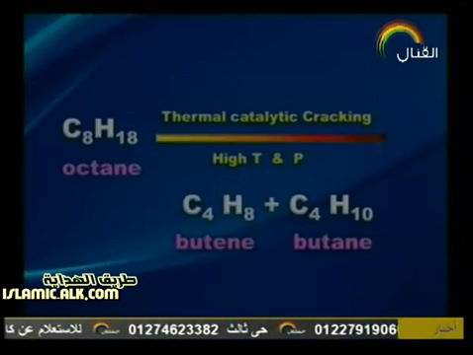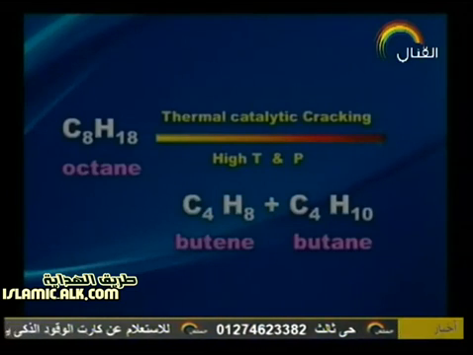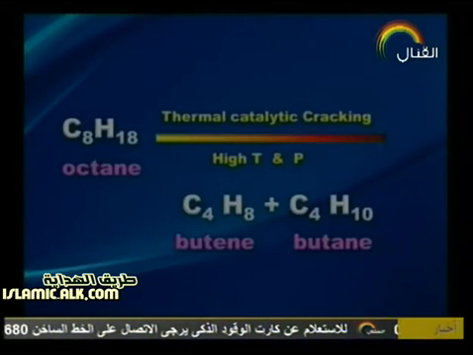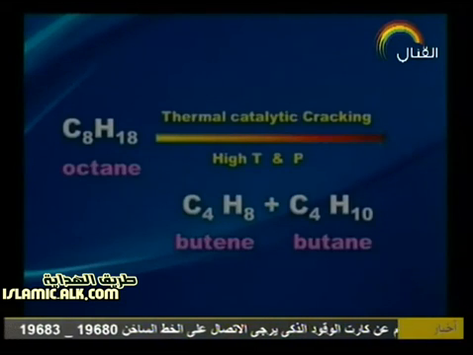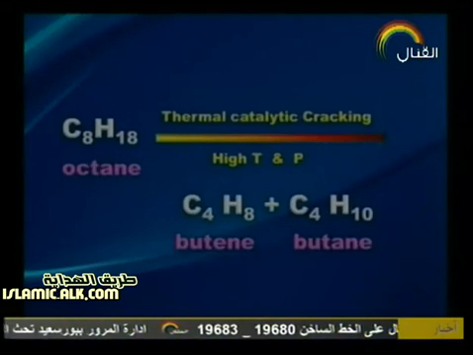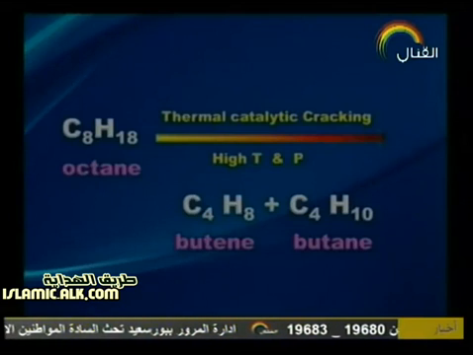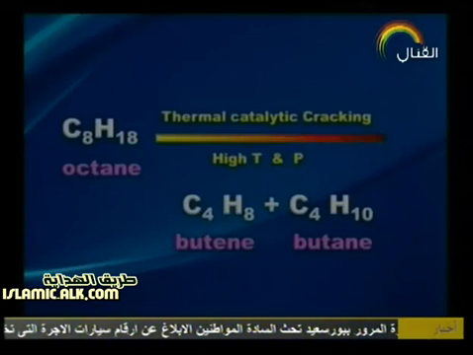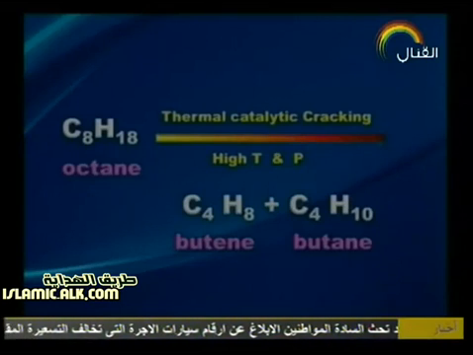My dear students, notice that we can make a question for this: how to obtain alkene and alkane from alkane. The answer to this question is to write the equation of octane that by thermal catalytic cracking under high temperature and pressure gives butene and butane, as shown on the screen.